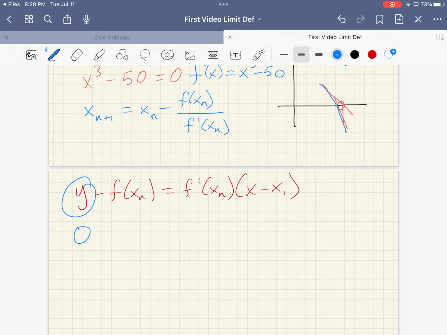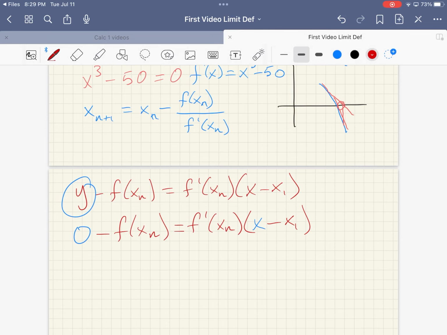So I'm going to put a 0 there. And then I want to solve for the x value. So what I'm going to be solving for is the x value.